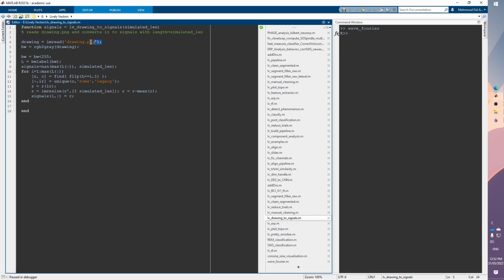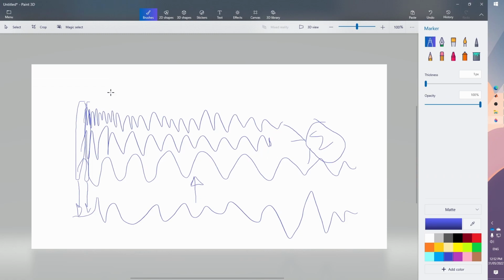So what I did here is create this function to transform a drawing that you can draw yourself into a signal. You can draw a signal like that, and from this drawing I do a little bit of image processing to look at the value of each pixel.